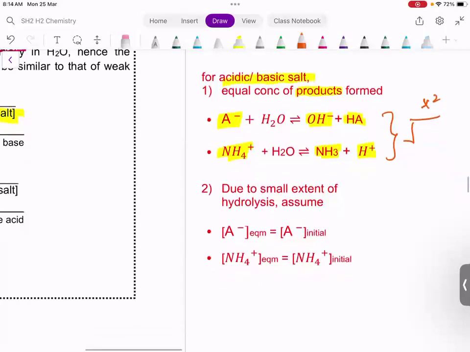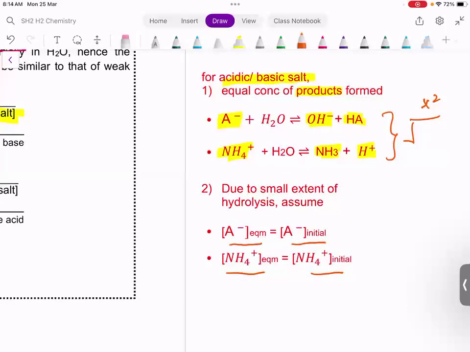And also, we do the assumption as well. We assume that the concentration of A minus and the ammonium cation, conjugate acid, at equilibrium is approximately the same as the initial. This is what we have assumed also when we calculate pH of a weak acid and weak base. Same thing.